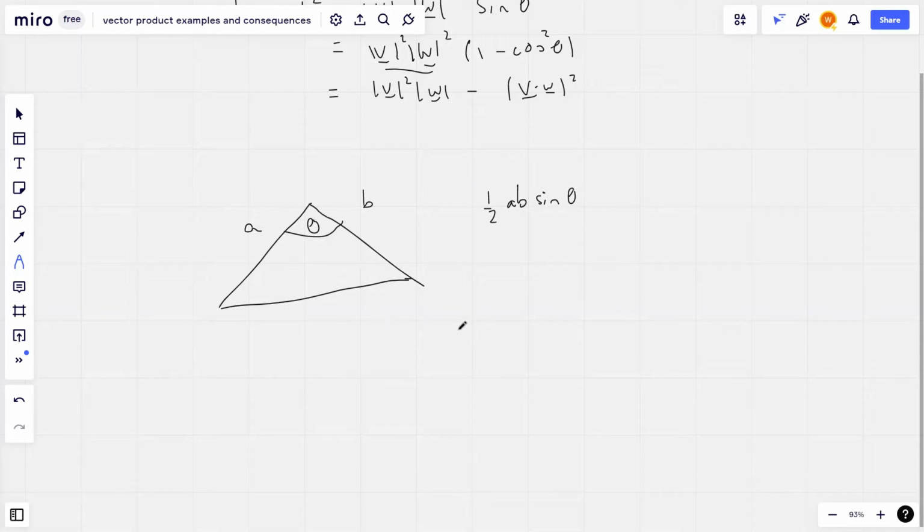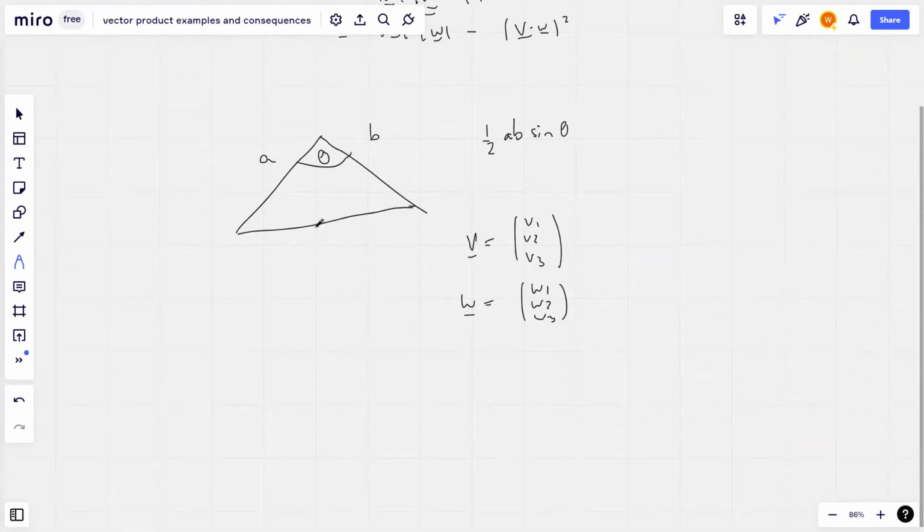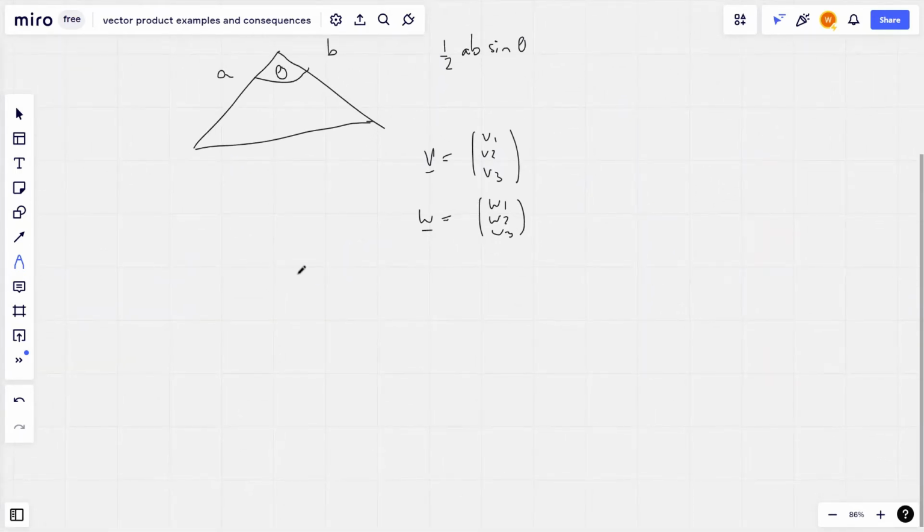Of course, say we're given two vectors. Say we're given a vector v equals v1, v2, v3, and now we're looking in 3 dimensions already, and a vector w, w1, w2, w3. Or, of course, we can always split this triangle into something simpler, but we're only given 2 vectors.